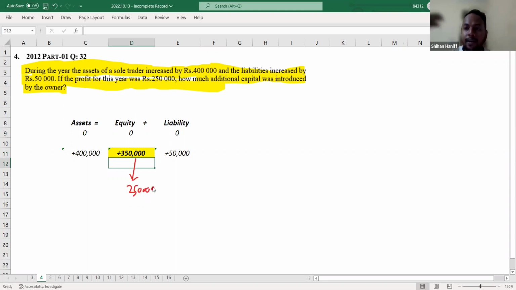Right? Equity can increase in two methods. Remember, equity can increase in two methods. Number one, profit. If the profit increases, equity will increase. The second one is additional capital. If the owner invests more capital, the equity will increase. So out of this 350, 250,000 is profit.